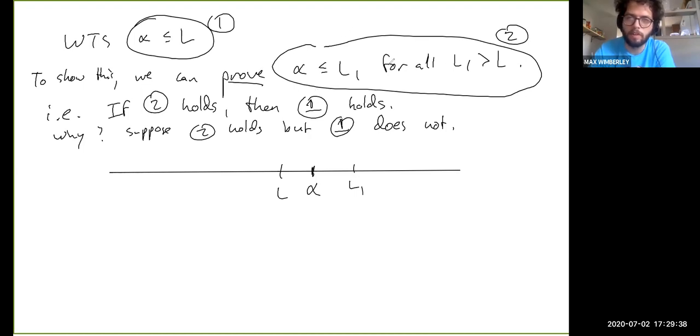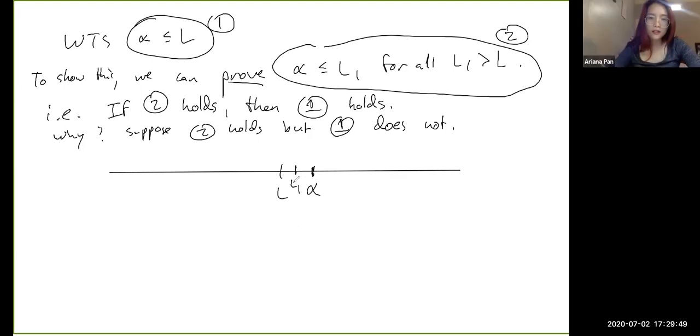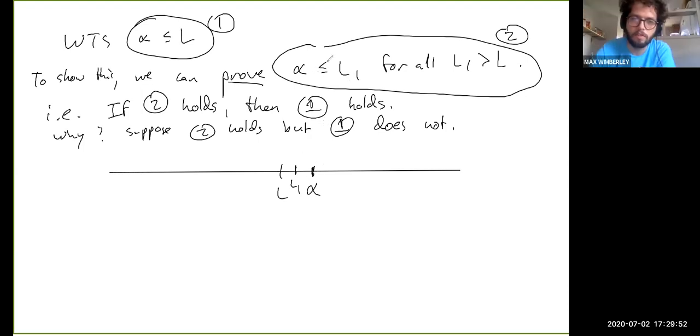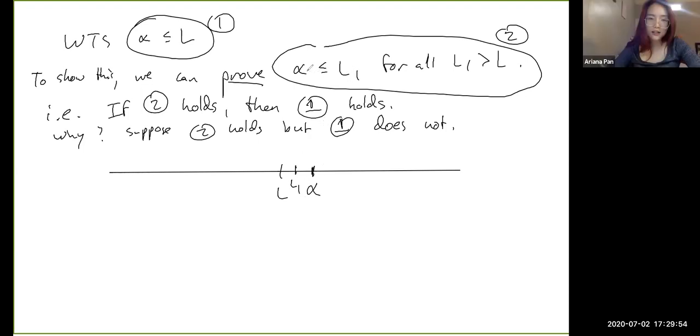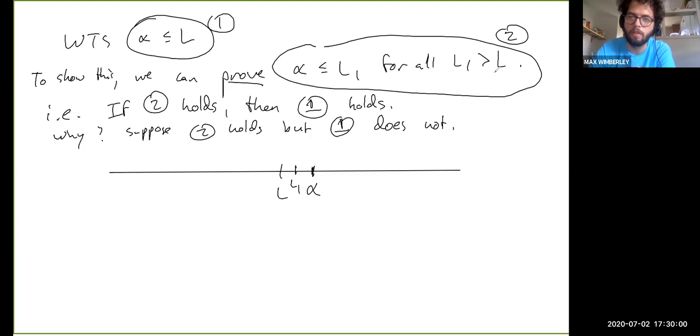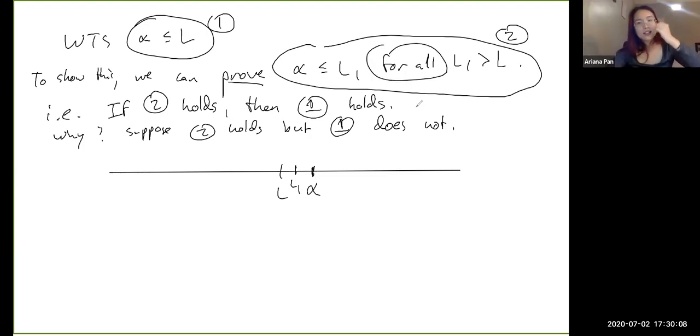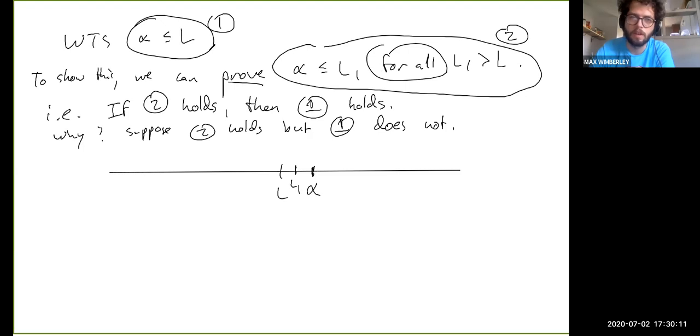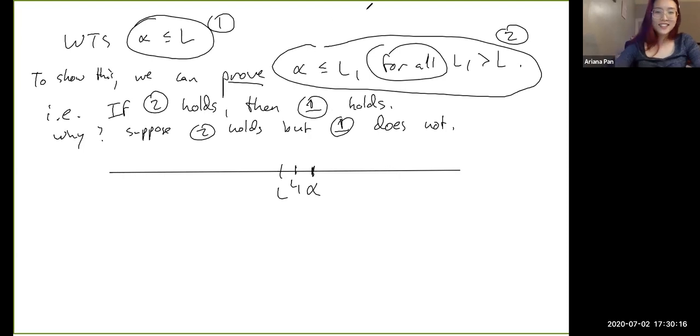But we're allowed to pick any value of L1 bigger than L, so we can just as well pick L1 over here. But then alpha is not less than or equal to L1, so 2 is actually false. Alpha is not less than or equal to L1 for all L1 bigger than L. Oh, because we found an L1 where that's false, right? Yes. So it's the 'for all' that makes this imply this one. Okay, got it. Thank you.